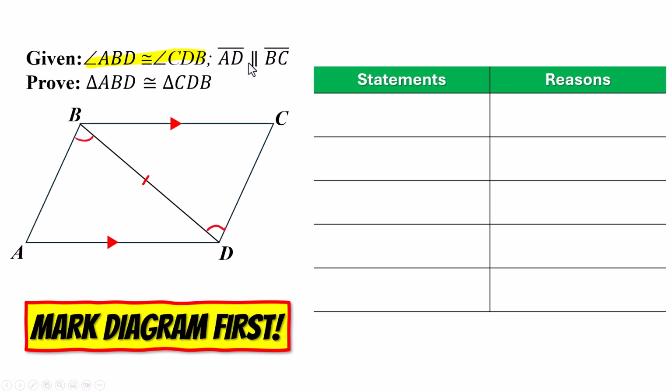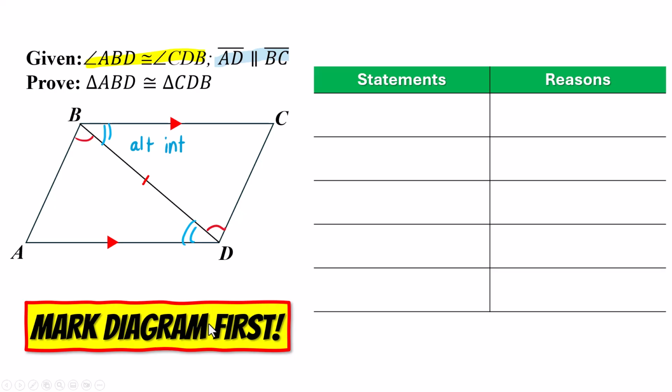But then they're telling me that the lines are parallel. And we knew that already because the diagram is marked with these parallels. But if they don't have the little marking of parallels, as soon as you have parallel lines, you know you can use those alternate interior angles. Make a little note to yourself on your diagram, because as you start the proof, if you forget why, you can look over on your diagram.